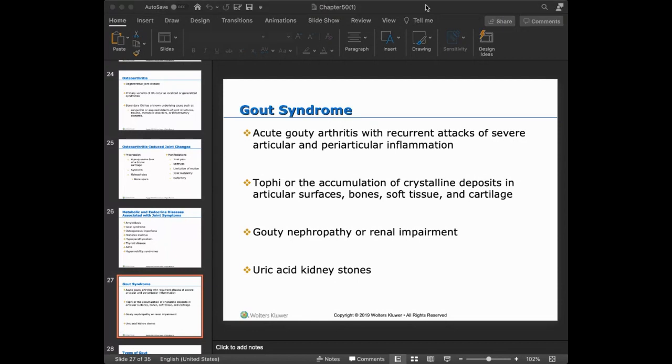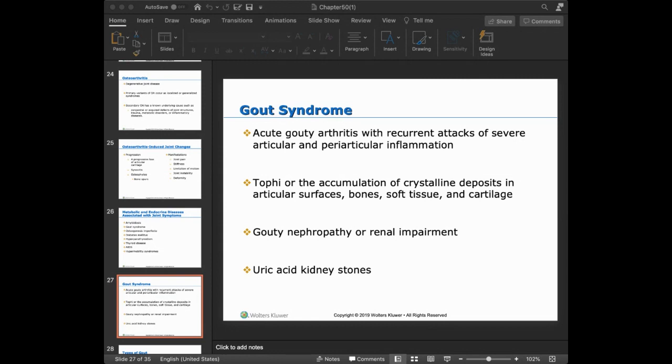Typically, for one reason or another, it's in the big toe joint that you'll see it most commonly. So patients will come in complaining of pain in their big toe or severe pain in their foot that also leads to swelling, because those uric acid deposits settle into the joints and cause pain in those tissues, as well as swelling of the soft tissues around the bone.